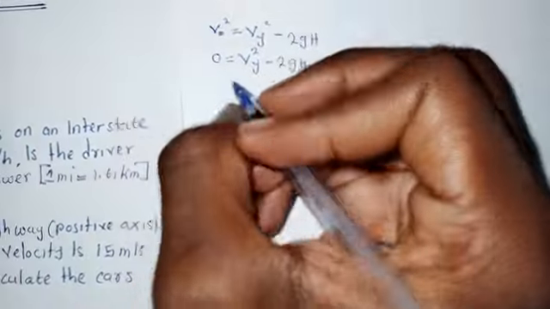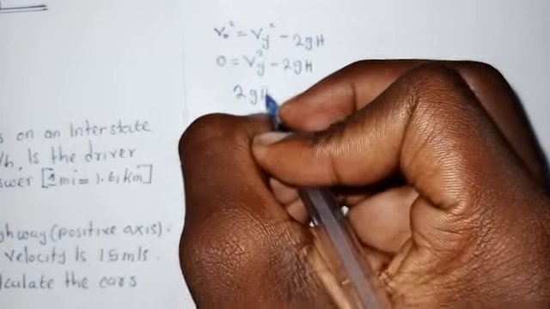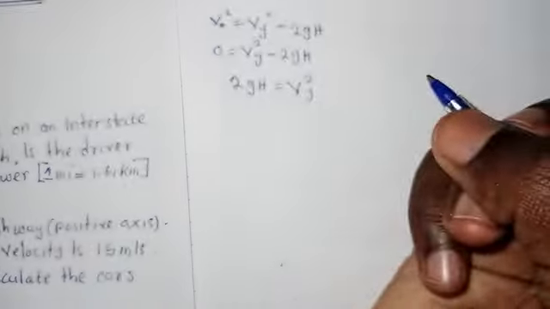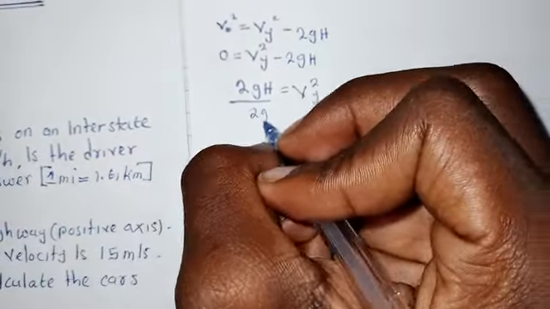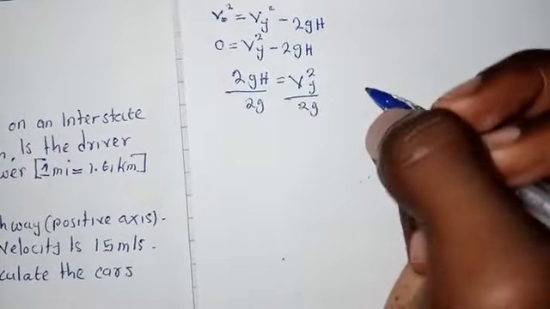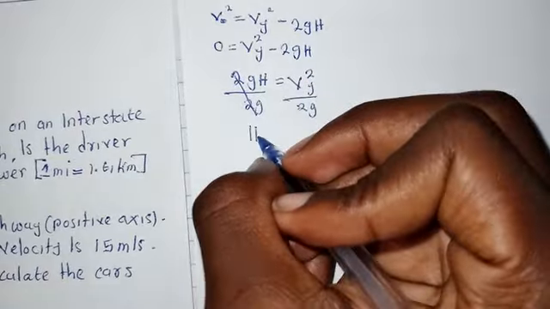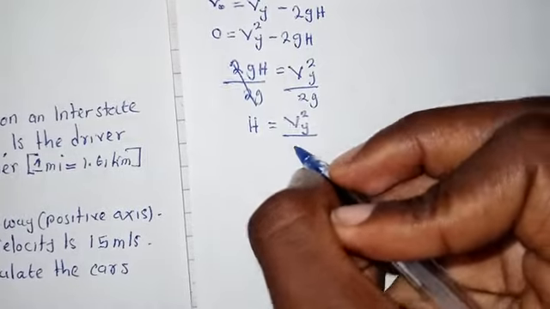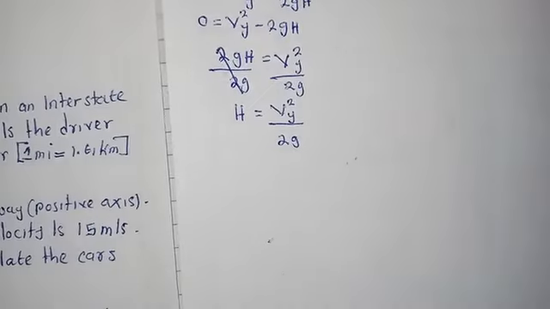This can go this side, so it's going to be 2GH equal to V squared Y over 2G. The height is going to be V squared Y over 2G.